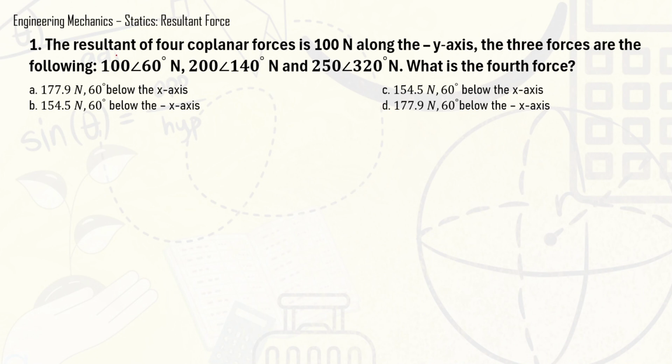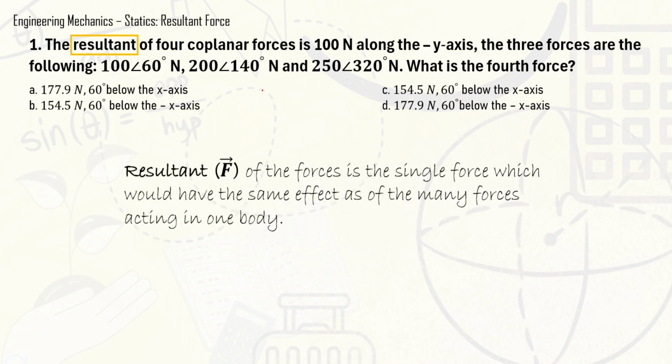Let's first define what is a resultant before proceeding with our solution. According to Chong, Rojas, and Capote, the resultant of the forces is the single force which would have the same effect as the many forces acting in one body.